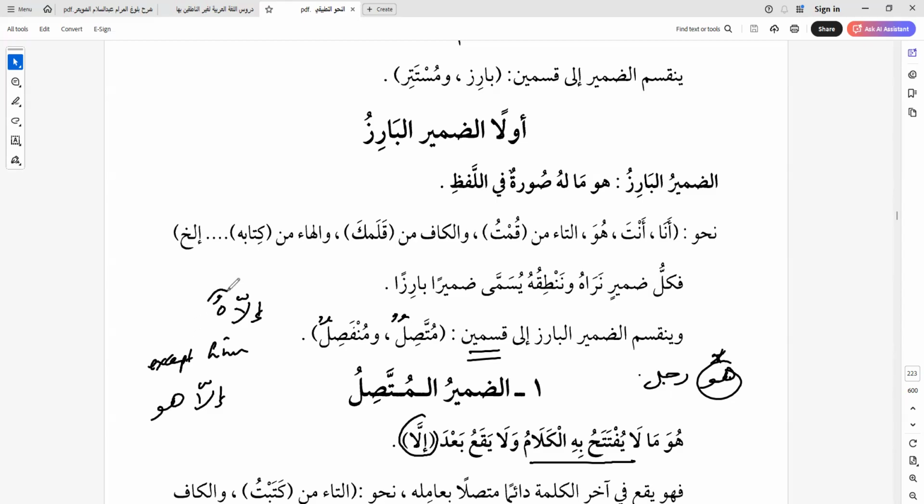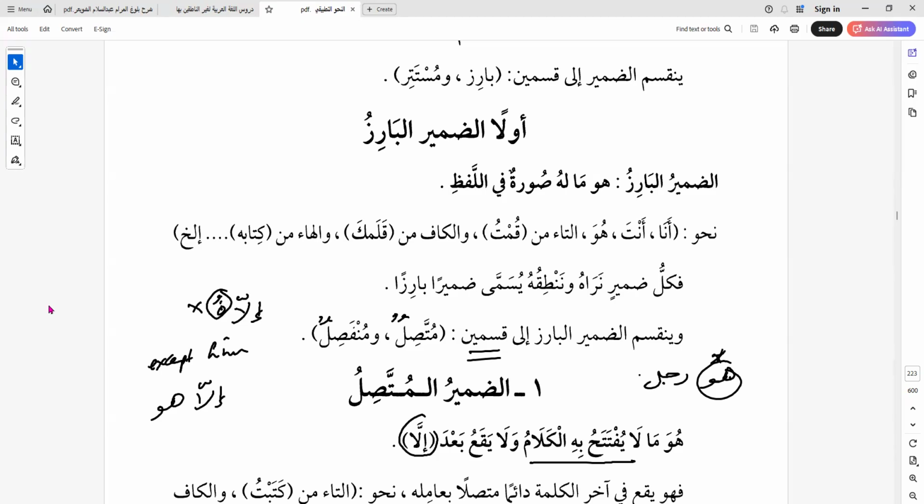So therefore, this huwa is damir muttasil, because by appearing in front of illa, it doesn't make sense. But we say illa huwa. So what is the definition of damir al-muttasil? هو ما لا يفتتح به الكلام ولا يقع بعد إلا.